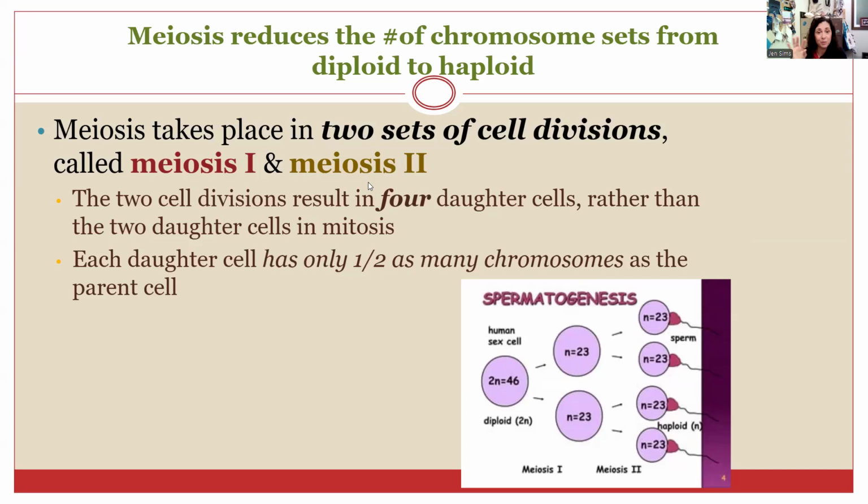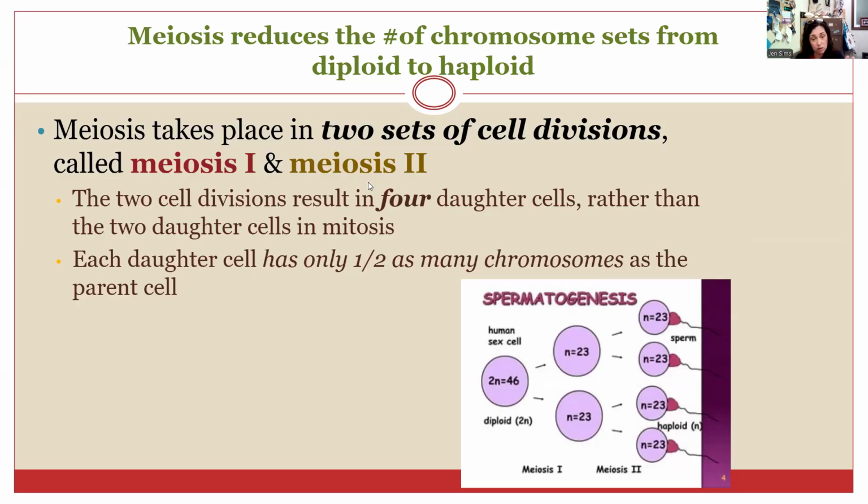The nice thing is they're both following PPMAT, okay? And at the end, you end up with daughter cells, just like the first one. But in this case, because you go through it twice, instead of ending up with 2 daughter cells, you're going to end up with 4 daughter cells, okay?